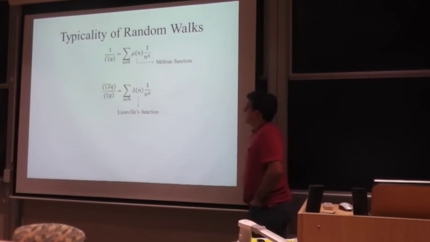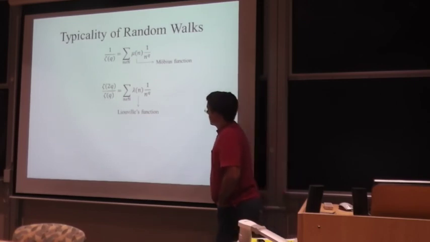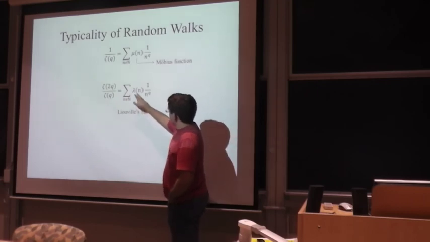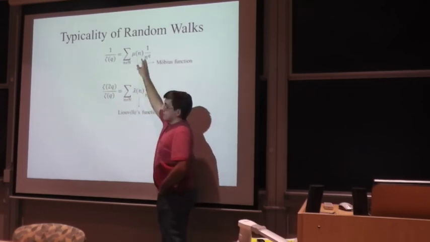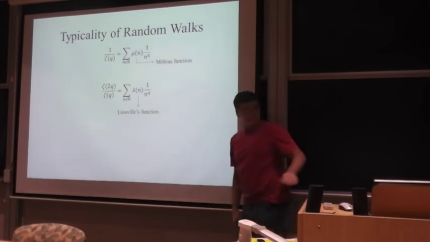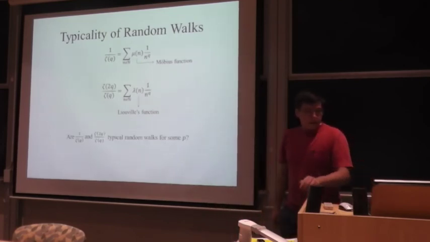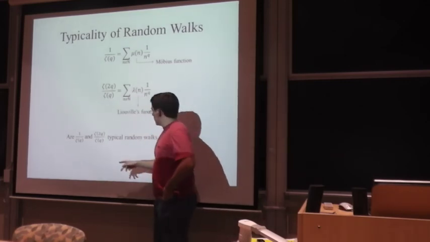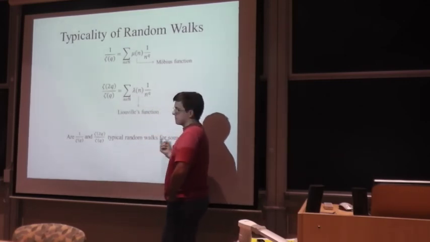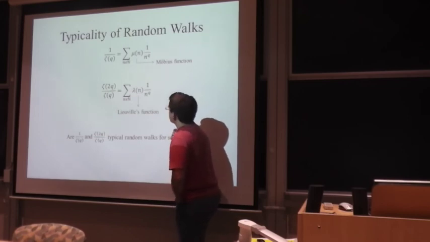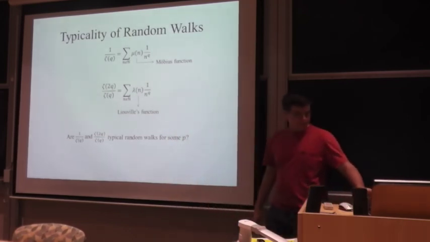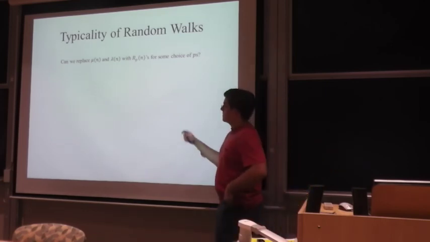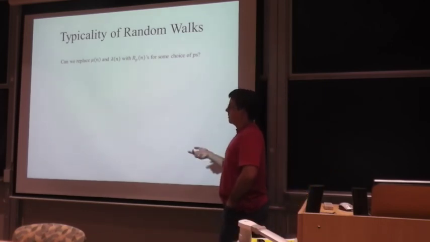Now, you can see that there's some similarity with what we had before for omega p,q, where we have simply a random variable here. Now, we want to know, can these two functions be typical random walks for some choice of p? So can we, in other words, replace the Mobius function, the Liouville function, with some r_p?